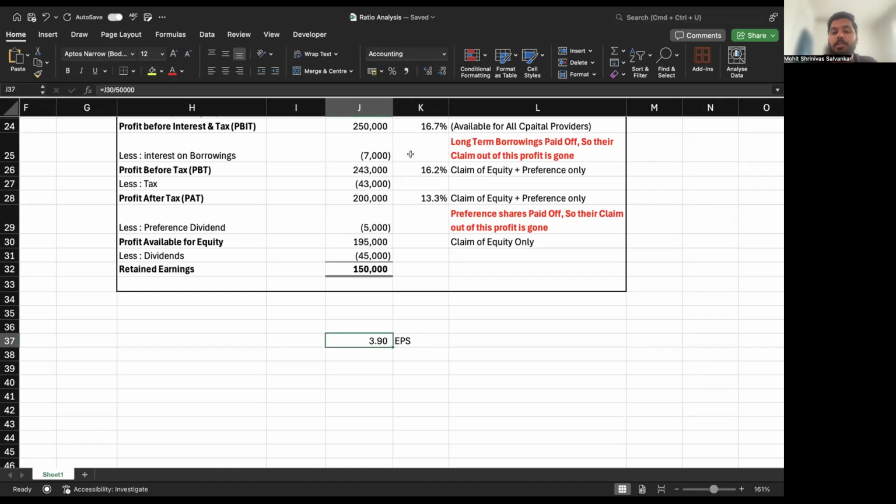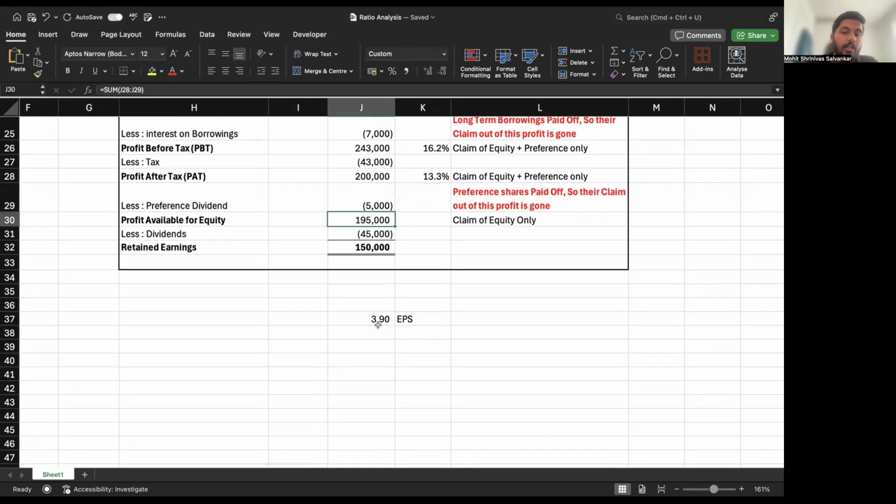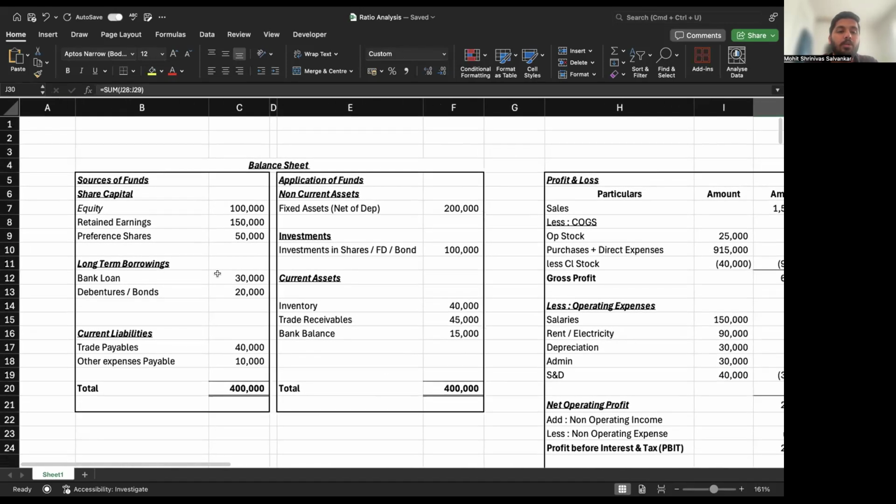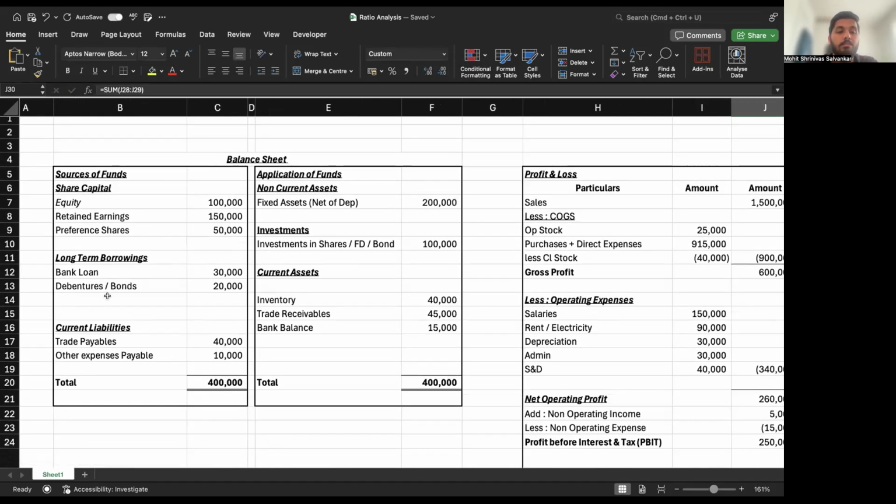Which means in this year, the earnings that the company has made is equivalent to 3.9 per share. Now, in this example, we do not have borrowings which are in convertible nature.